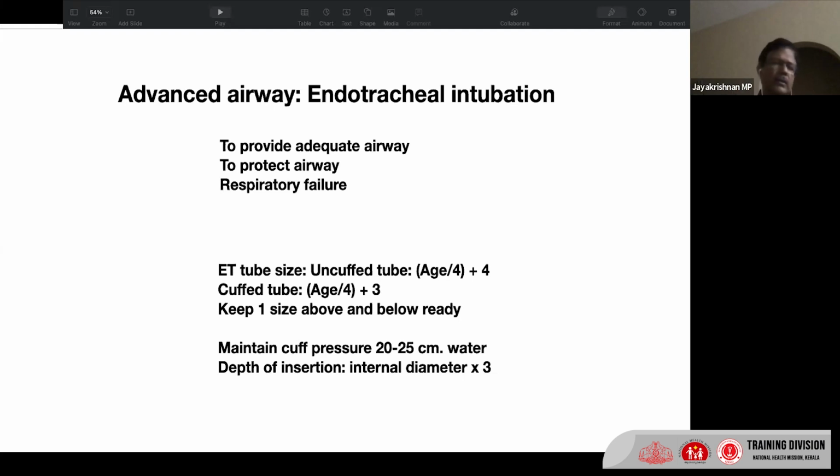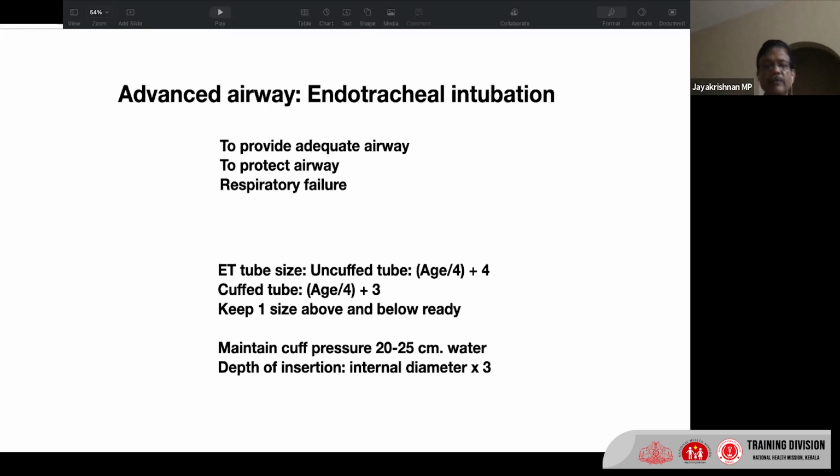And it's always a good idea to keep tubes one size above and below also ready, because children sometimes come in different sizes, and based on age alone it may not be correct all the time.